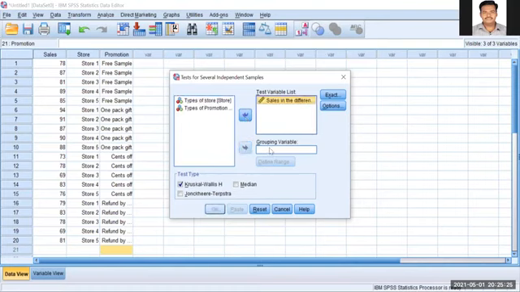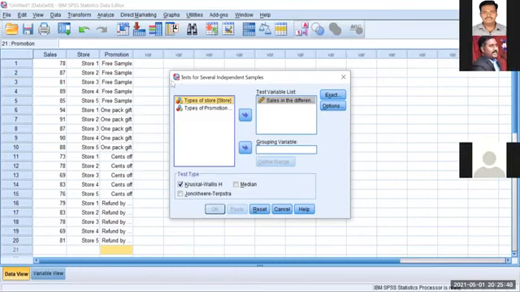Second one is the grouping variable. Now, this is what we have to see here. In the given data, they told you to test the sales regarding only the store at 1% level of significance. So we need to choose store. Suppose, sir, why can't we choose promotion? We can choose it. First, you choose the store and then click OK and get the output table.